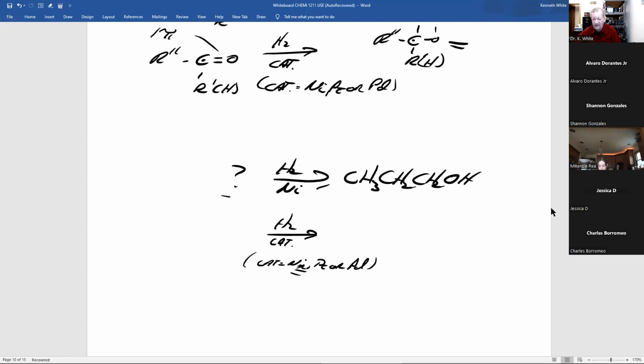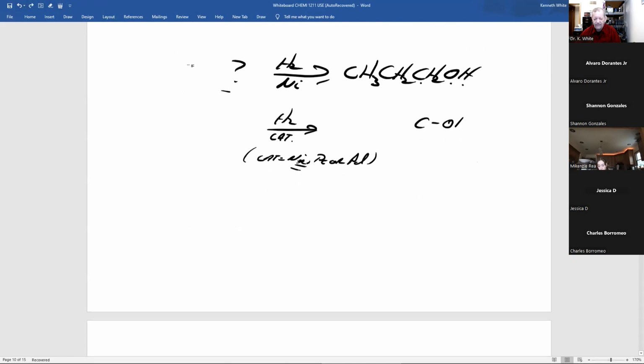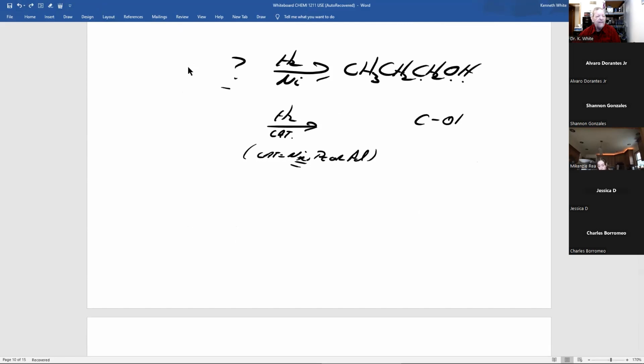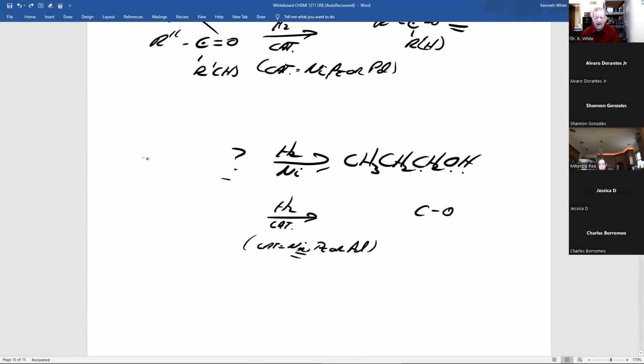And what do we have here that's different? What's not carbon? What's not hydrogen? Ooh, oxygen with a hydrogen and a carbon. That's an alcohol. As soon as I see the hydrogen, I can write it like this.